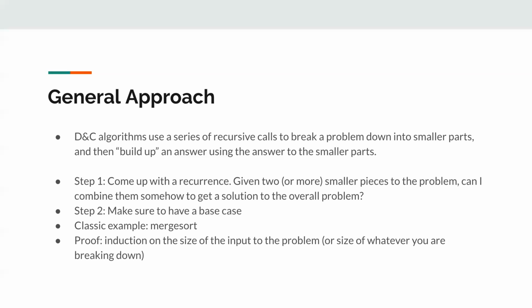For divide and conquer algorithms, you want to use a series of recursive calls to break a problem down into smaller parts and then build up an answer using the answers to those smaller parts. One thing is how you identify that you can use divide and conquer, given that you have a bunch of tools you could use, like greedy or DP.